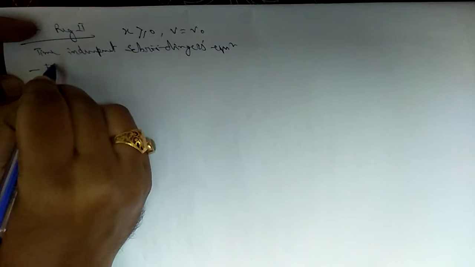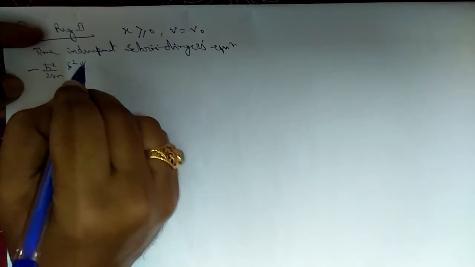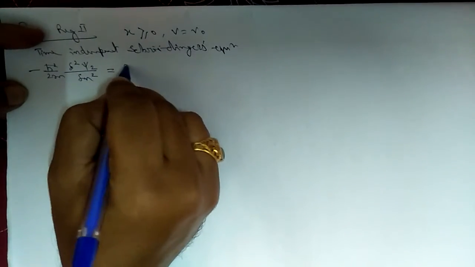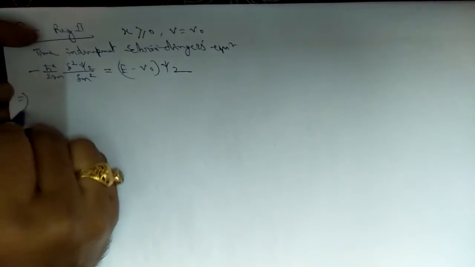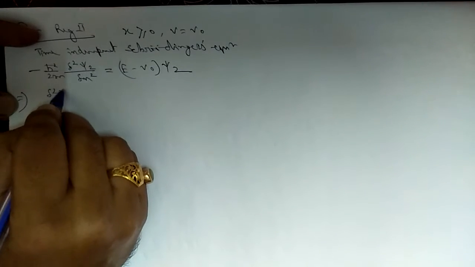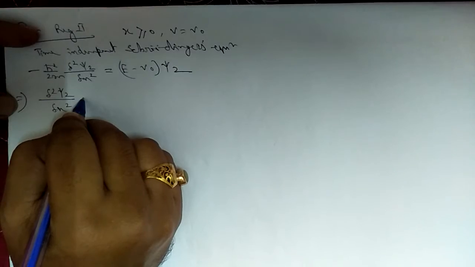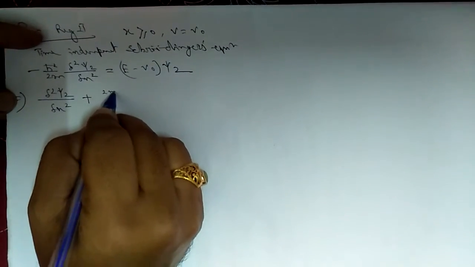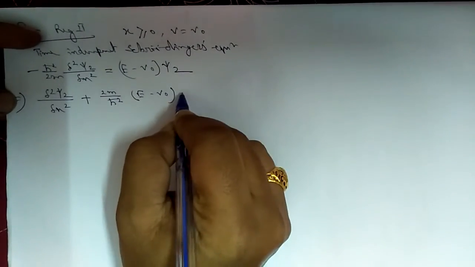We can write minus h cross square divided by 2m, del 2 psi 2 divided by del x2 equals (E minus V0) into psi 2, which means del 2 psi 2 divided by del x2 plus 2m by h cross square into (E minus V0) into psi 2 equals 0.